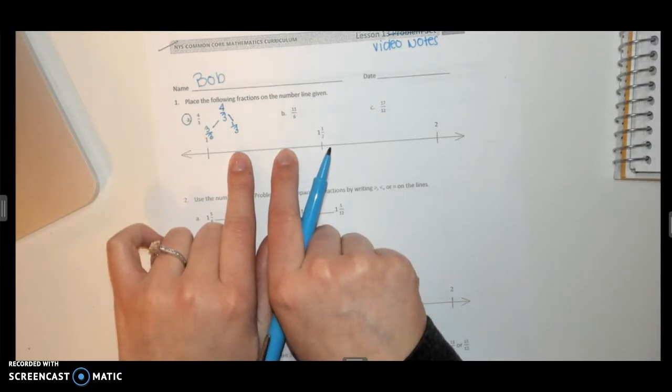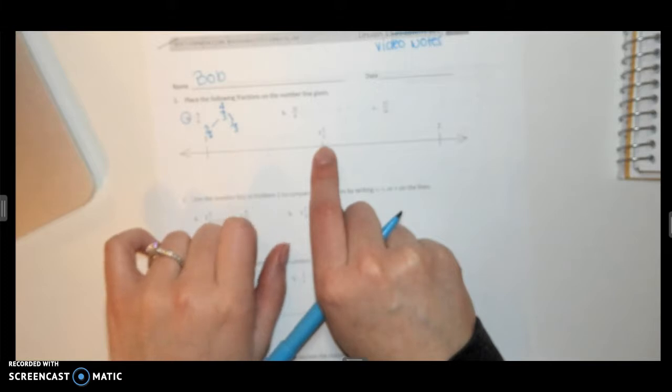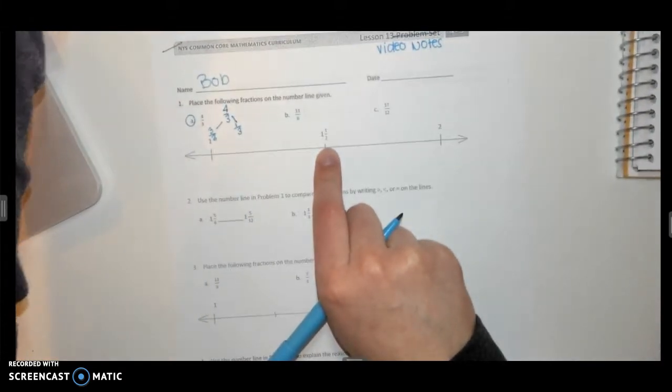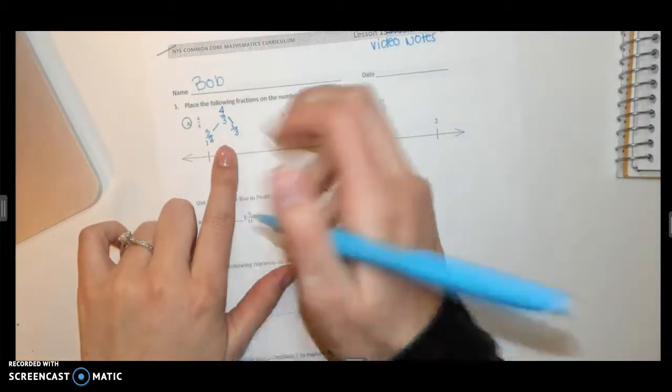So our 4/3, our mixed fraction, would look like this. This is called a mixed fraction right here. This 1 and 1/3 is called a mixed fraction. And we're doing the same thing over here. So this was 1 and 1/3.